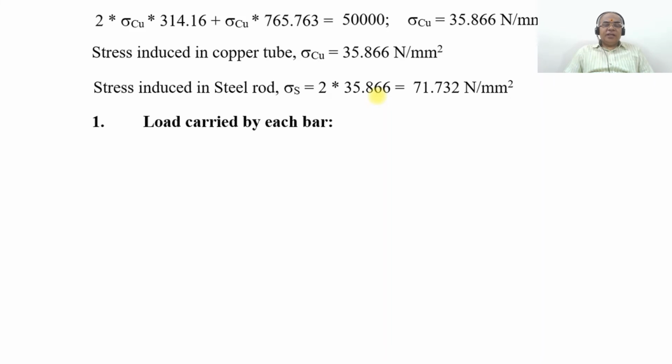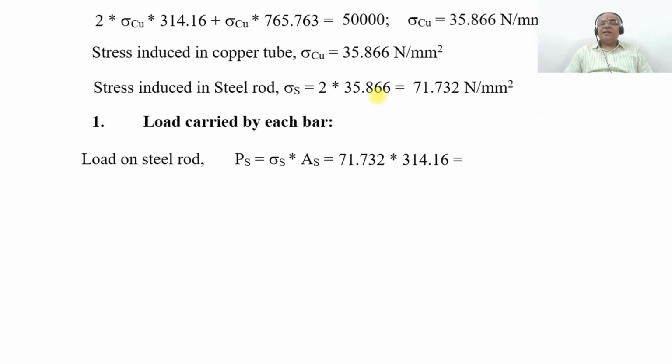So the load carried by each bar: the load on the steel rod will be equal to PS, which is sigma S into AS. You know the value of sigma S as 71.732 and the area of steel is 314.16, which has been calculated in the earlier case. So that will be equal to 22,535 Newton, which in terms of kilonewton is 22.535 kilonewton.